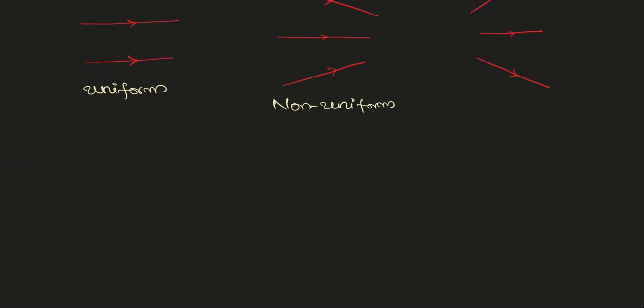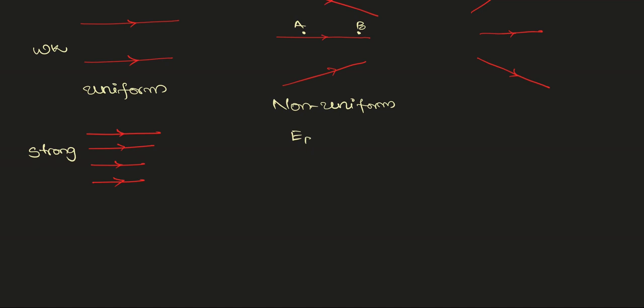And similarly, if the field lines are equally spaced, this is also a uniform field only. But if they are closely spaced, this is a strong field and this will be a weak field. So just look at this. If I consider 2 points A and B, compared to A, at B the field lines are very close.